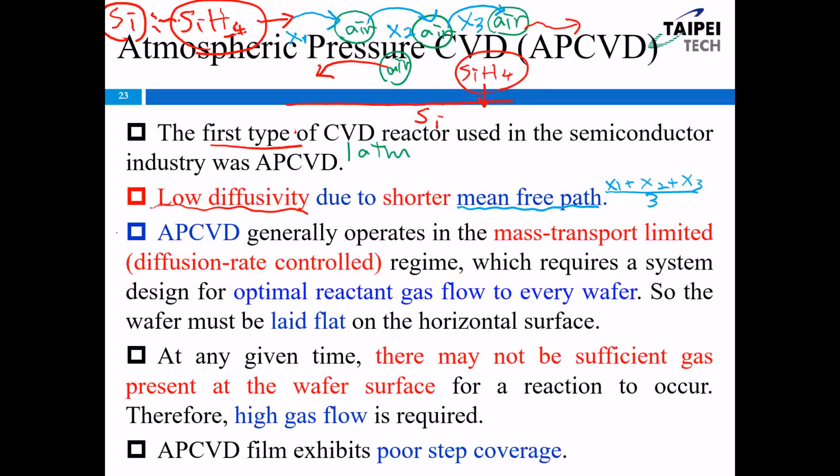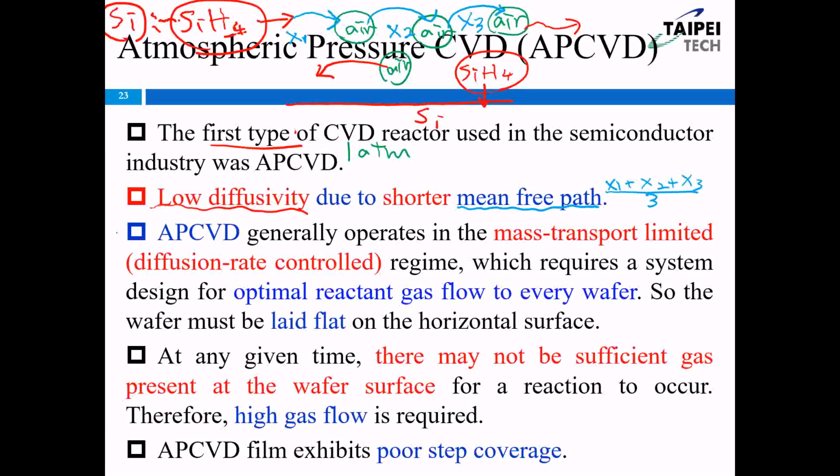So that's the reason we mentioned low diffusivity of the reactant, the silane. So right now you know we don't have a lot of precursor. Silane is not enough.